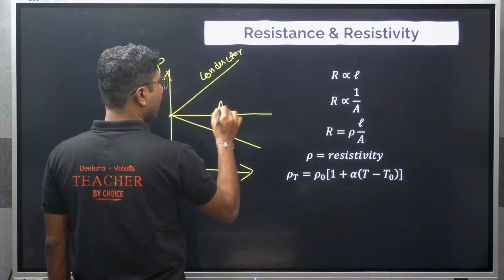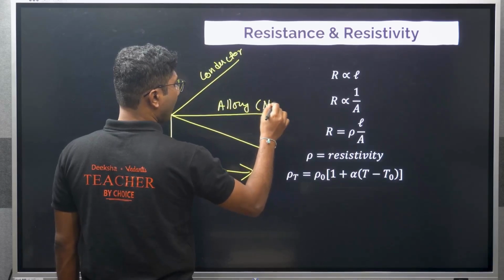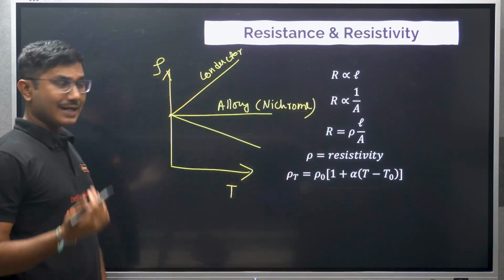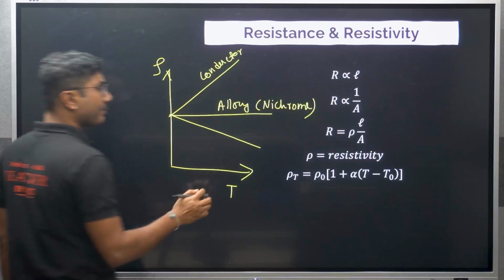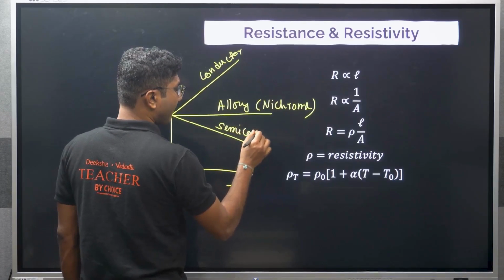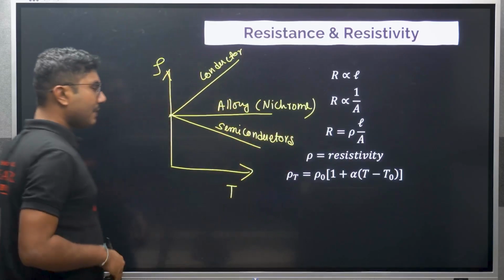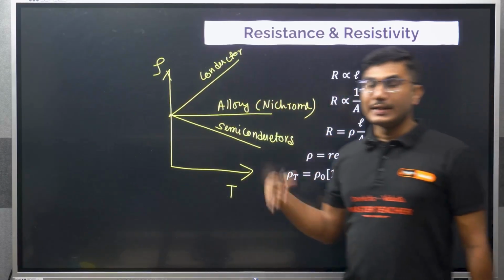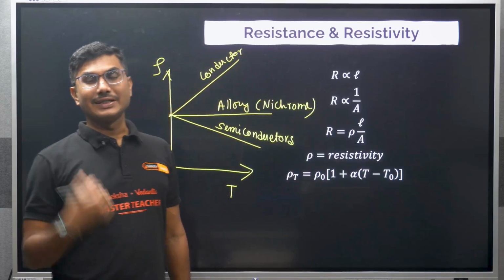Some alloys, for example nichrome, nichrome and manganin, are examples of the constant type. And those materials whose resistivity decreases with temperature are called semiconductors. Semiconductors are not proper conductors, they are very weird, they do not obey Ohm's law, and their resistance decreases with increase in temperature.